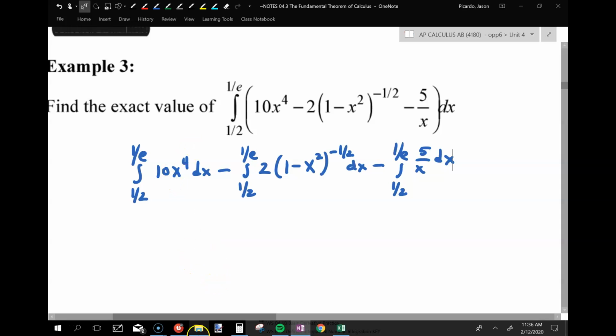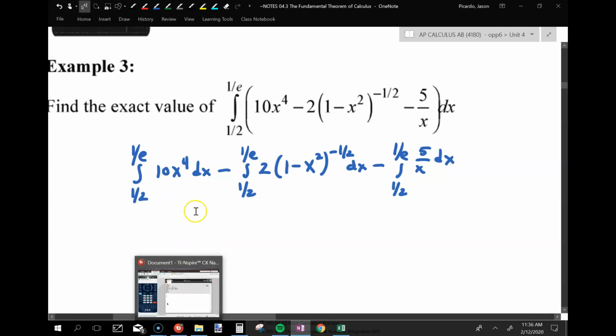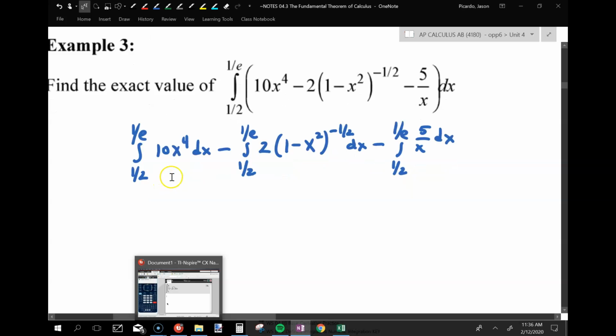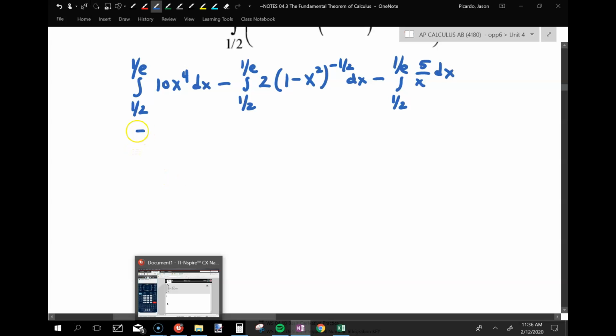Because what's the power going to be? 5, and what goes in front? 2. So it's a really easy one to do, isn't it? In fact, it's probably easier than if I put the 10 in front. Because if I put the 10 in front, the power is 5. Now I got to fool around with fractions, right? Get it? Yeah. All right, so the antiderivative, you guys said, was 2x to the 5th.